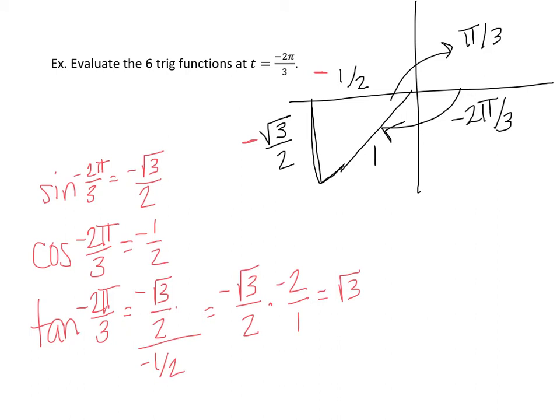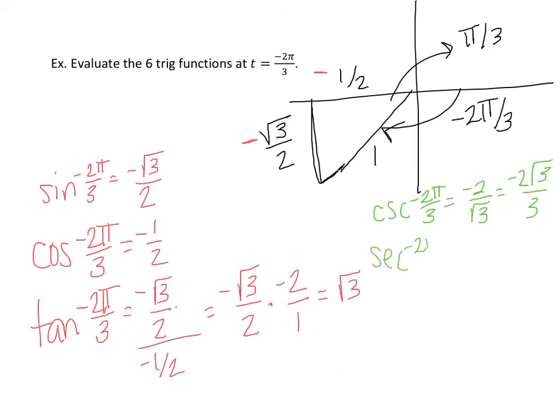Okay, my reciprocal functions. Cosecant of negative 2 pi over 3 is going to end up being negative 2 over radical 3. Notice they keep the sign. And when I rationalize that, I get negative 2 radical 3 over 3.